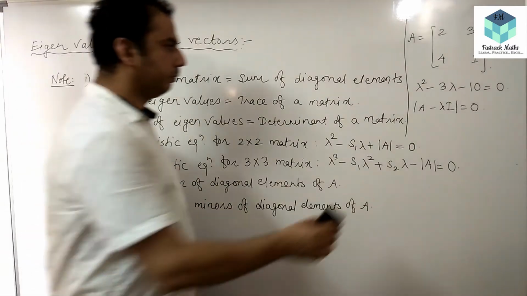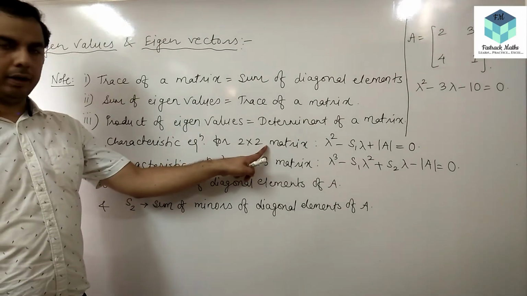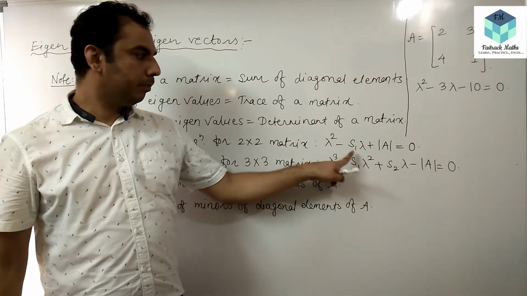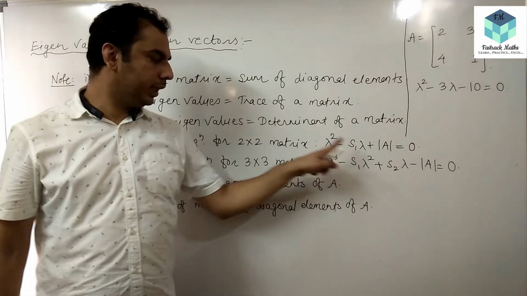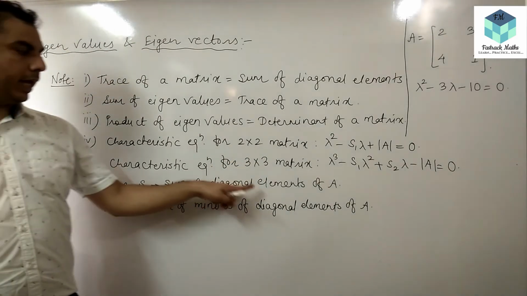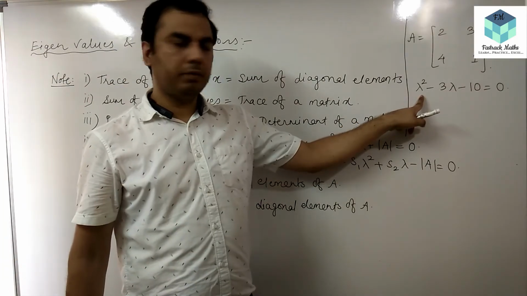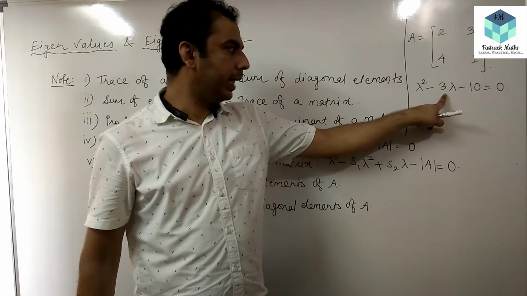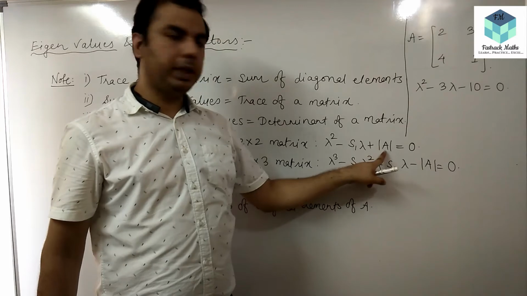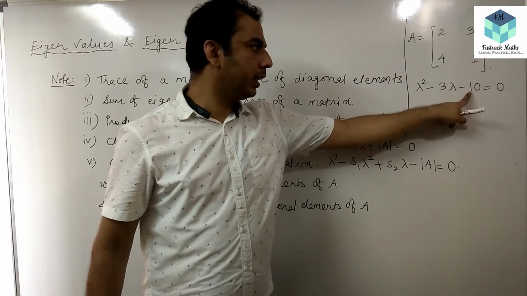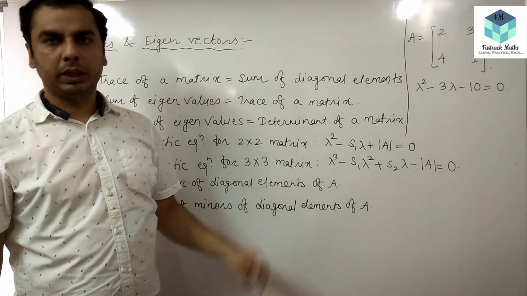The first result is for a 2 by 2 matrix: lambda square minus S1 lambda plus determinant of A is equal to 0, where S1 is the sum of diagonal elements of A. So here it is lambda square minus S1, which is 2 plus 1, 3, plus the determinant of A, which was minus 10. So the characteristic equation is lambda square minus 3 lambda minus 10 is equal to 0.